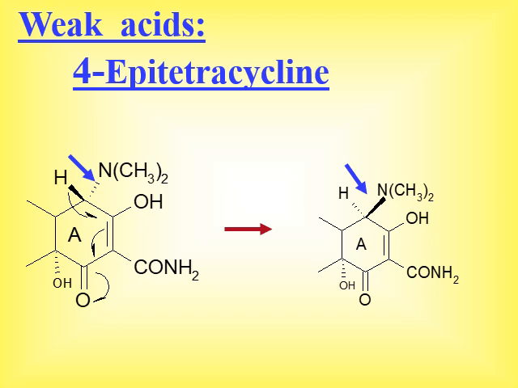By weak acid, they undergo epimerization and rearrangement, forming an epitetracycline. Its epimer, here the dimethyl amino will be above the plane and the hydrogen will be below the plane. Epimerization takes place.